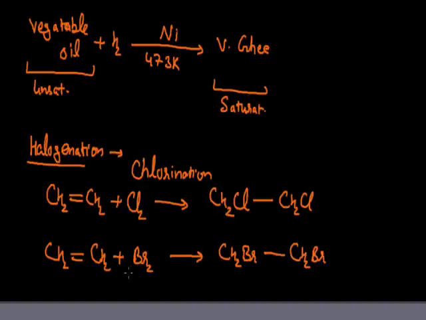In this reaction, as the reactant we are taking bromine liquid, which has a specific color. This is a reddish brown color liquid, and whenever it forms a product, the bromine molecule is not there. Here the bromine molecule is dissociated into two bromine atoms that link with the carbon atoms. So in this condition, the solution is colorless.